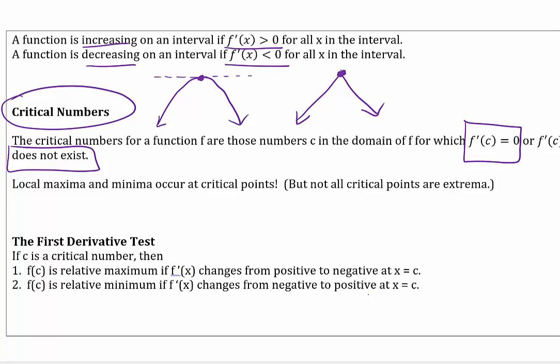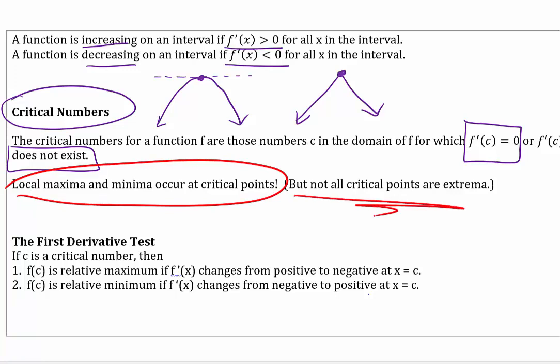Critical numbers or critical points are also places where maximums and minimums can occur. Now, not all critical points are maxes and mins. We'll have to do a little bit of work to determine if we have a max or a min. And the work that we're going to do is summarized in the next statement, which is known as the first derivative test.